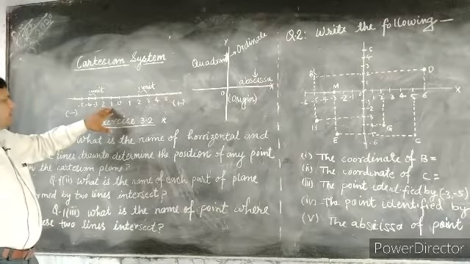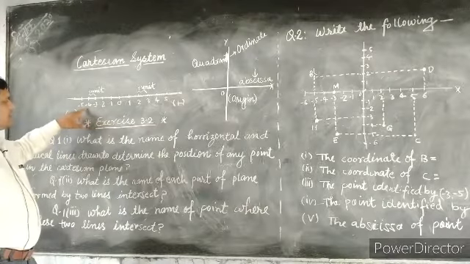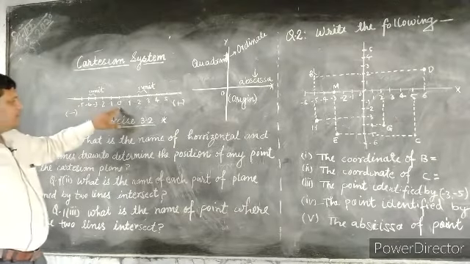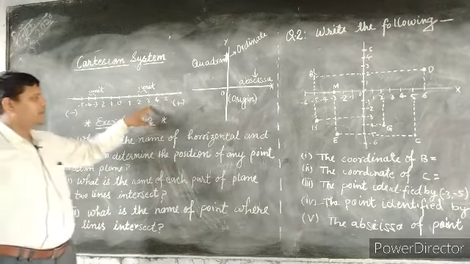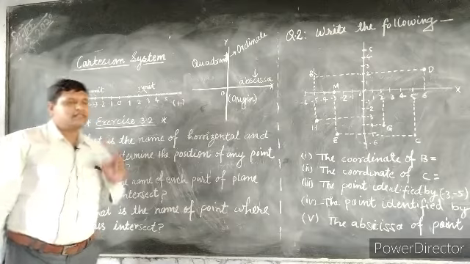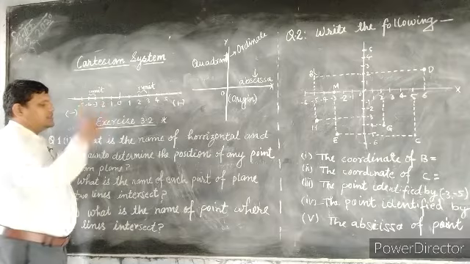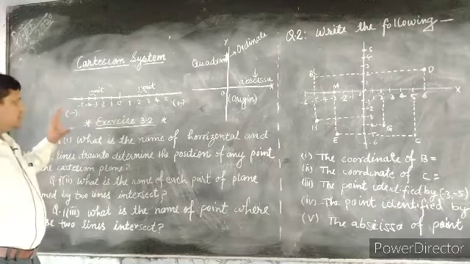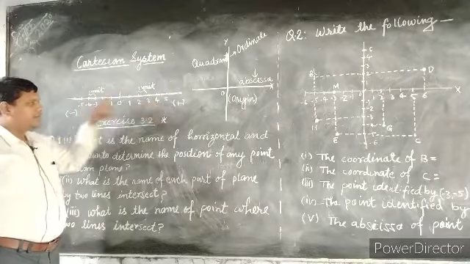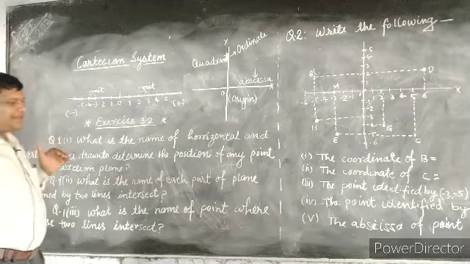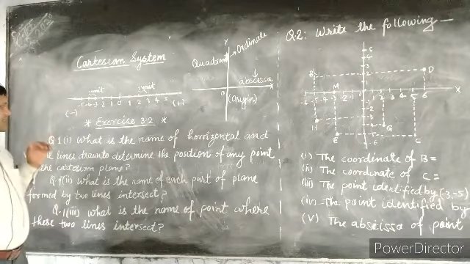Means when we move toward the left side, the value becomes -1, -2, -3, -4 and -5, and when we move through the right side, all the values become positive. So this method is the same as you have read in the number system. As these numbers are positive and negative, the same we will study in this chapter about coordinate geometry.